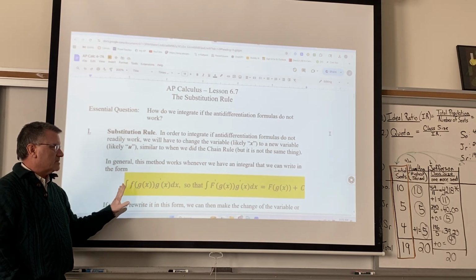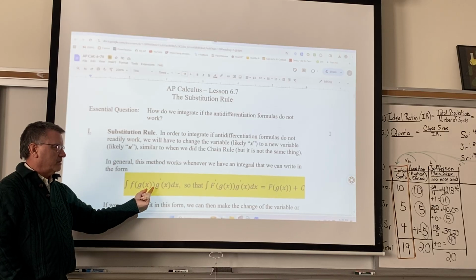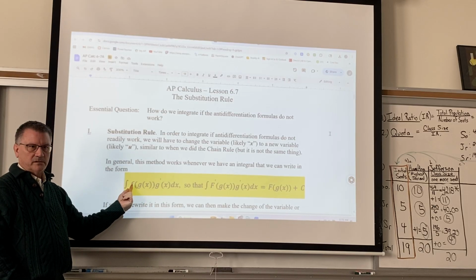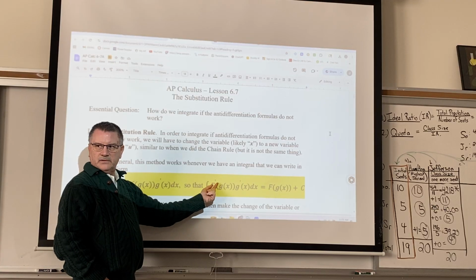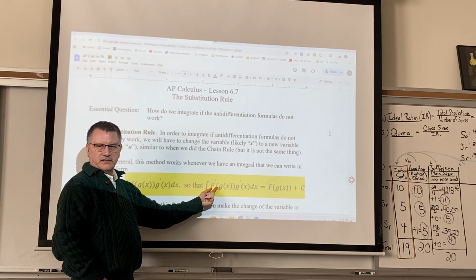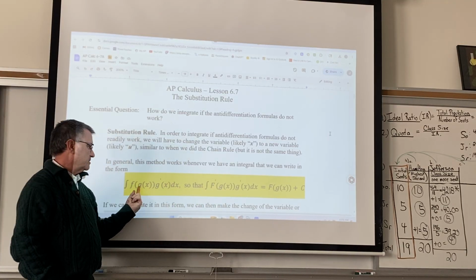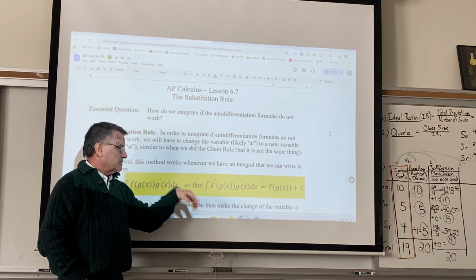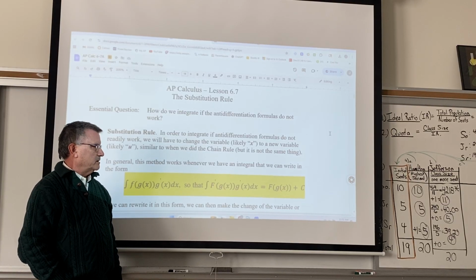That's really the same thing as this, remember? We take the derivative of the antiderivative and we get that back. Same thing. But let me show it to you with the u substitution.